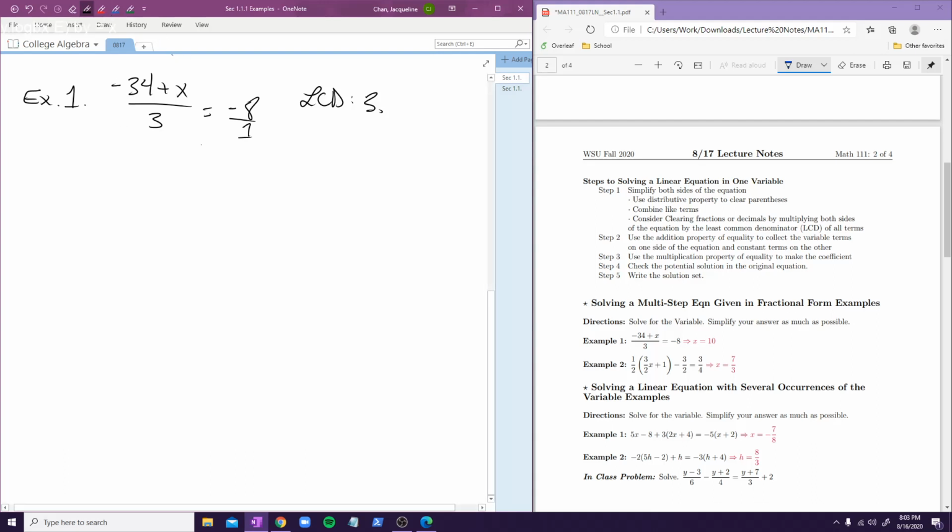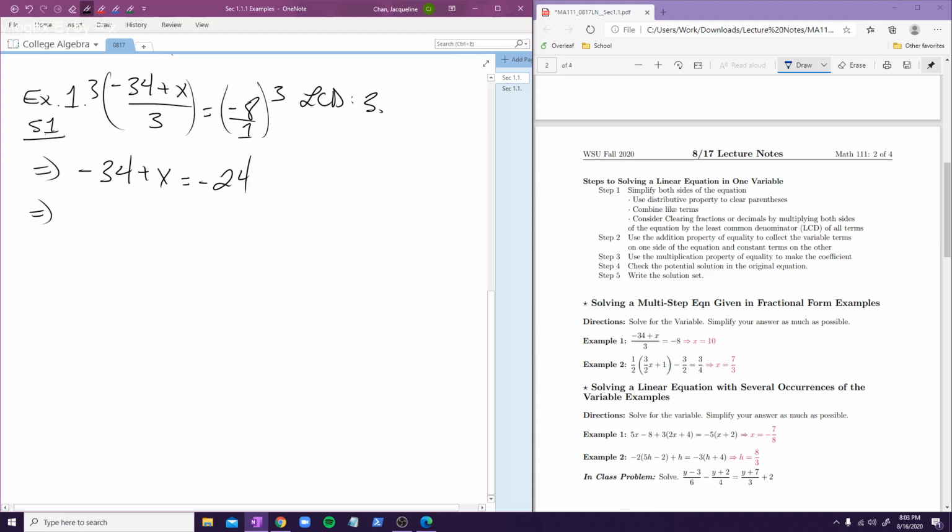So let's multiply all this by 3. When we do that, we get -34 plus x is equal to -8 times 3, that's -24. So this was step 1.